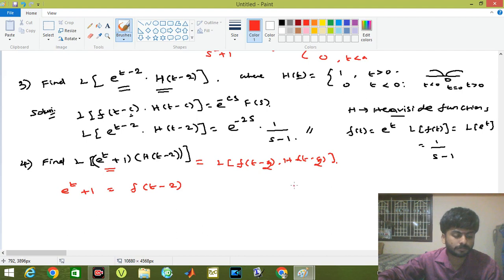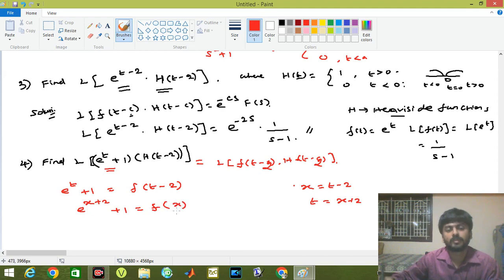So I am taking x equal to t minus 2, so t equal to x plus 2. So now it will become e power x plus 2, then plus 1, that is equal to f of x.